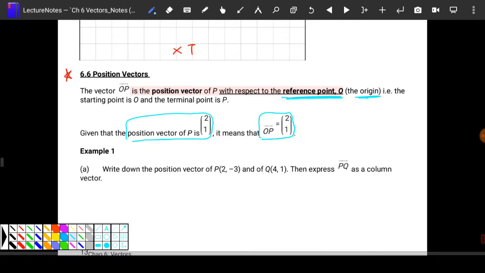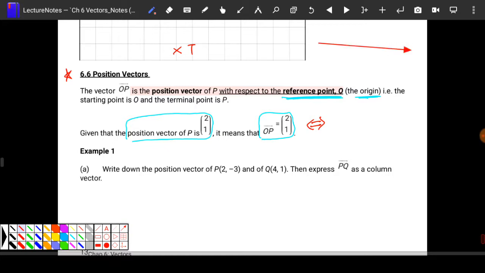Why OP? Because position. Position means I start from origin. Origin means O. Does it make sense? Okay, can you write down this important understanding?